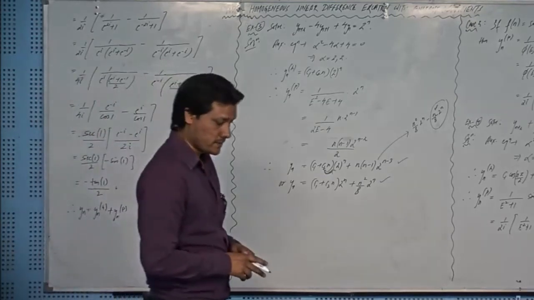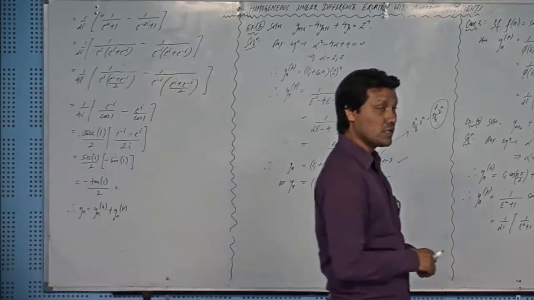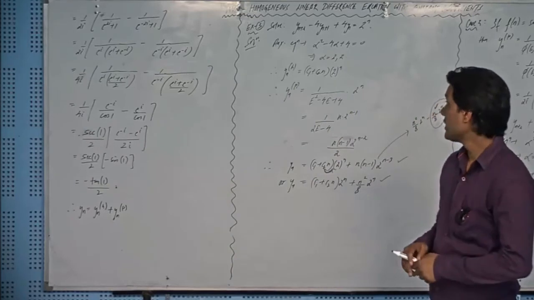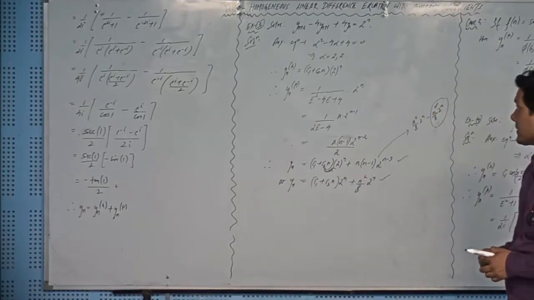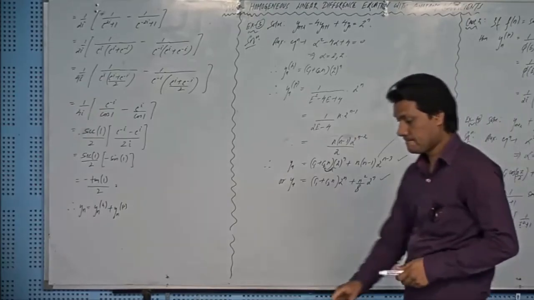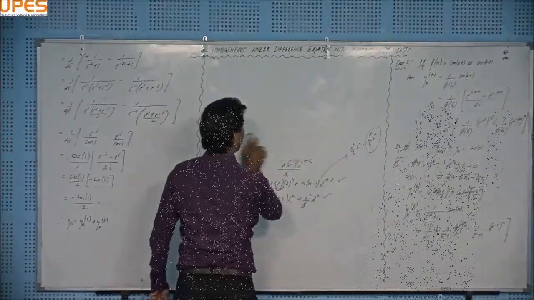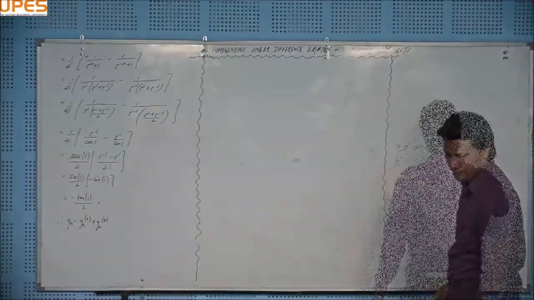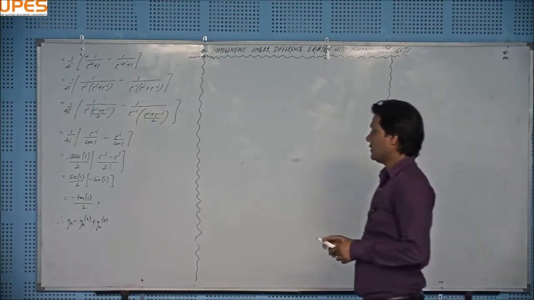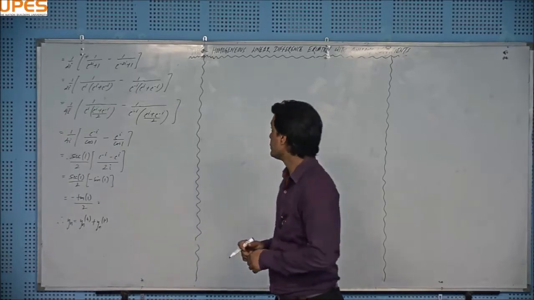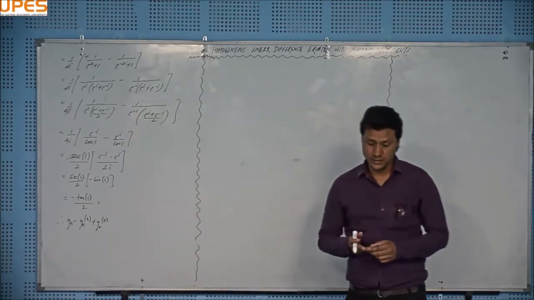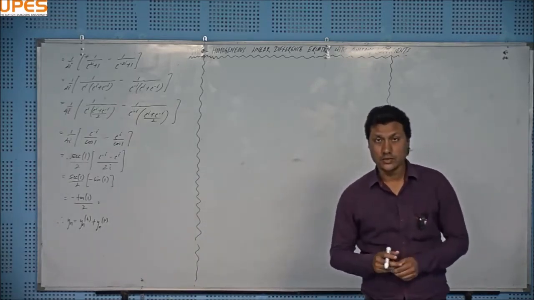Now I will take the third case, when the right hand side is a polynomial. When the right hand side is a polynomial, we have to first convert that polynomial into a factorial notation, right?